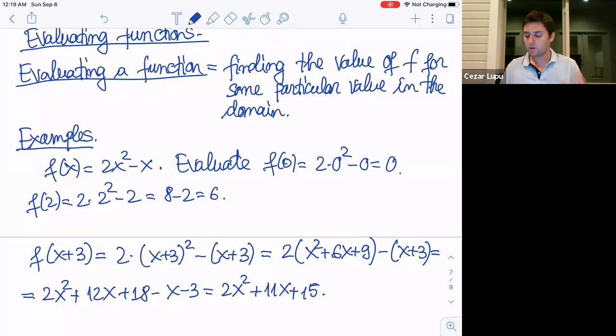Now, I would like to talk to you about a different type of evaluation. And this evaluation will be very important when we will talk about derivatives later on. And what I mean by that is the following.